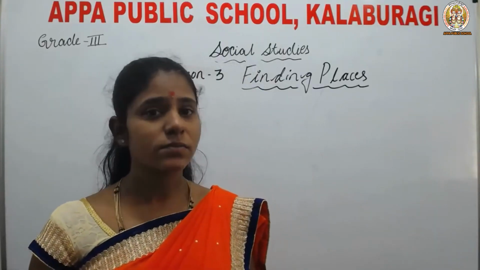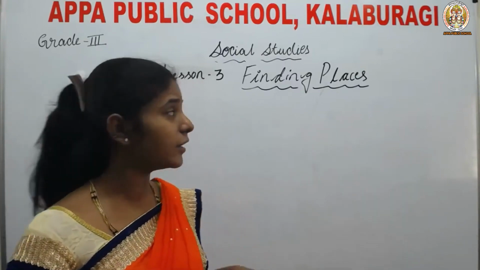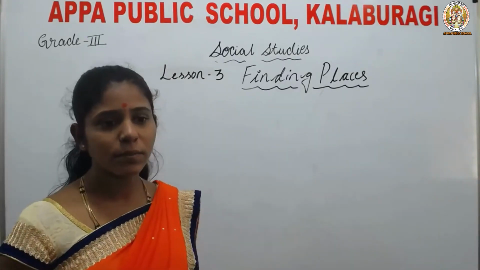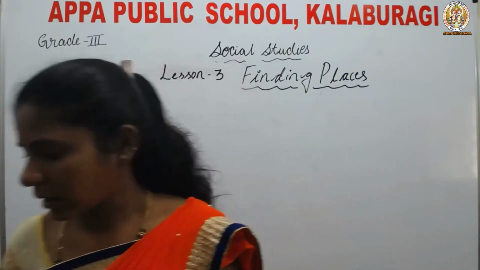In the previous class, we studied lesson number 3, Finding Places. Today we will continue the same lesson. Before we start, we will recall what we studied in the previous class.